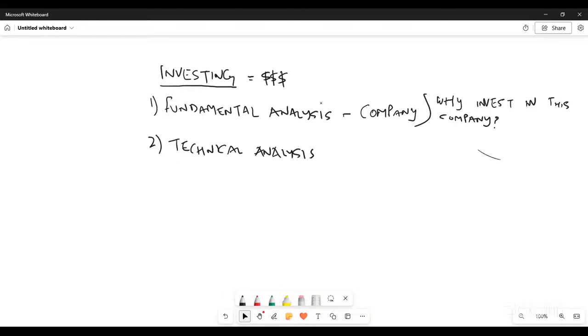Help me with the name. Tim Cook is the current one. Yes, exactly. So when somebody big in a position in the company passes away or steps down, it matters a lot to investors. It has a market impact. Exactly. So that's also a part of fundamental.